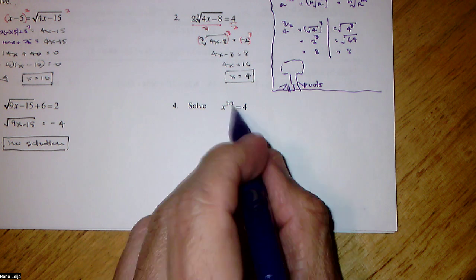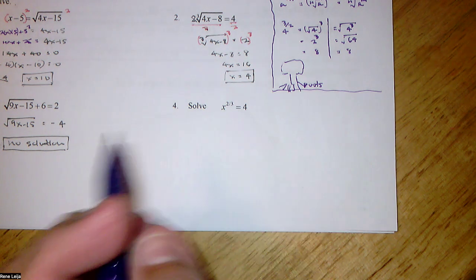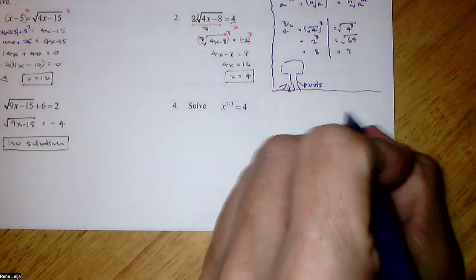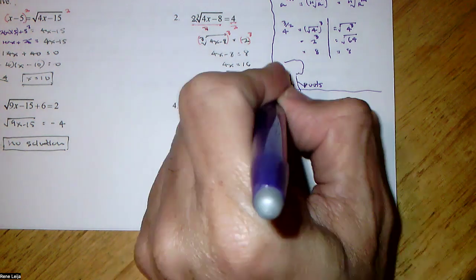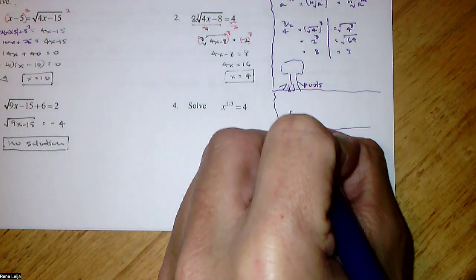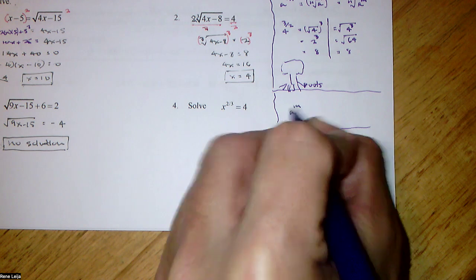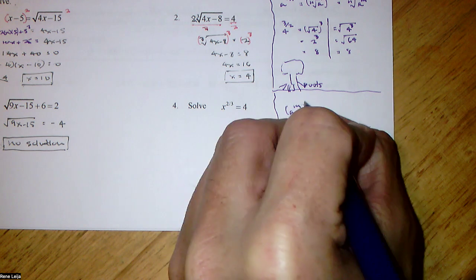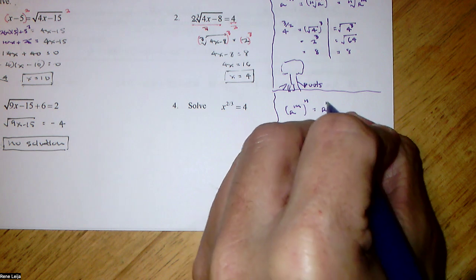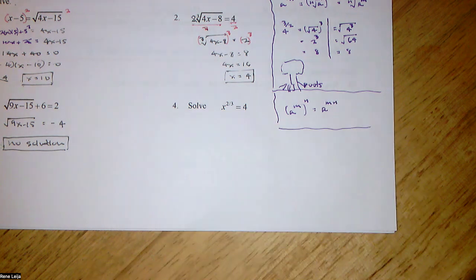So the first thing that I want to do is get rid of that 3 that's in the denominator. You have another exponent rule that says that when you have a power raised to another power, then you multiply your exponents together.